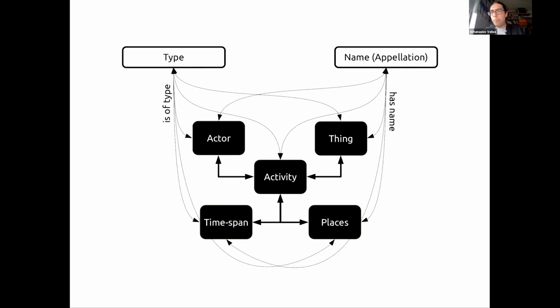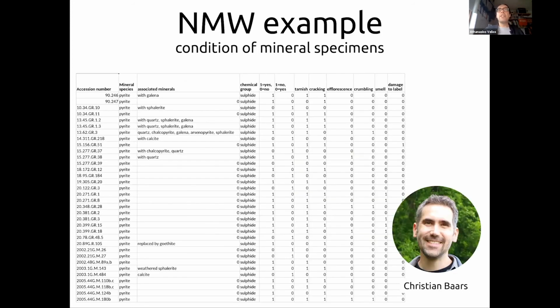But I want to show a couple of examples. The first example has been provided by a colleague of mine called Christian Baz. And Christian, until recently, was in the National Museum in Wales. I'm based in Cardiff, so I went down the road and I spoke to him, and he provided this data set.